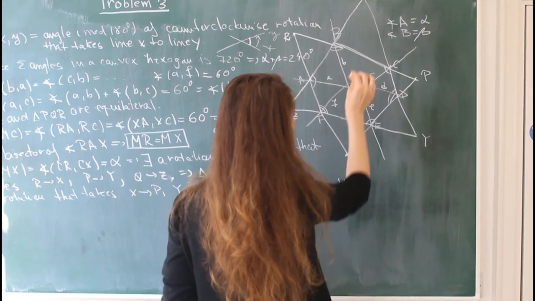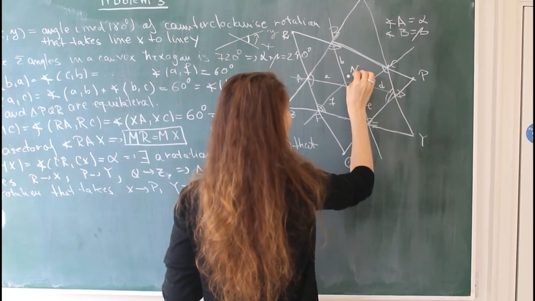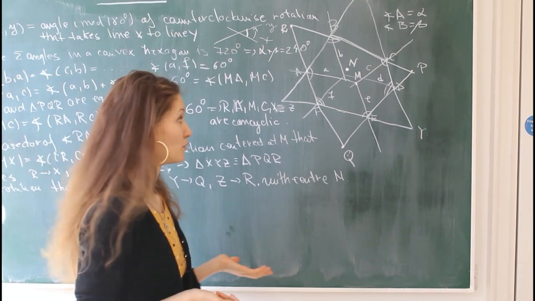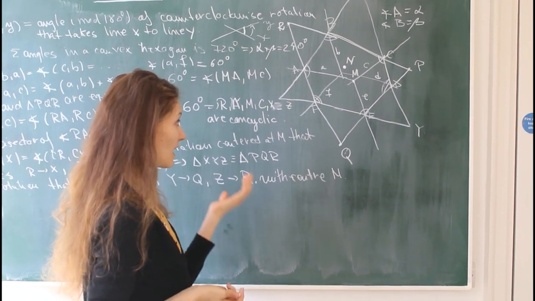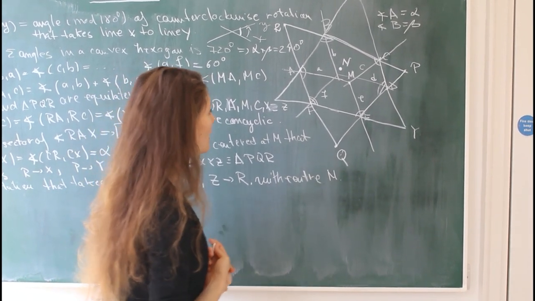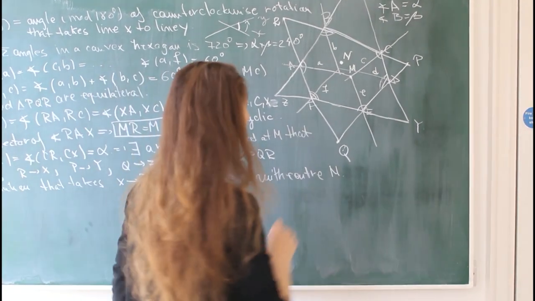Let's find it on the picture. This is the center N. Now our goal is to prove that N is actually the intersection point of the other three bisectors. Let's start with the fact that it's the center of this rotation.